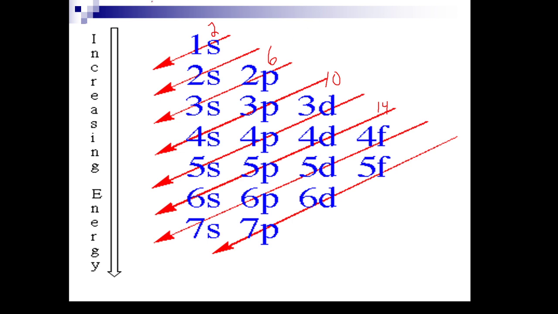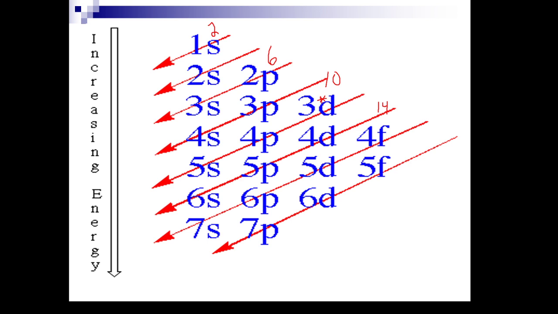We are now right here. So 3d is going to hold 10. So 3d10, that leaves us with 17 electrons. What comes next? 4p. So 4p is going to hold 6. 1, 2, 3, 4, 5, 6. That leaves us with 11 electrons.